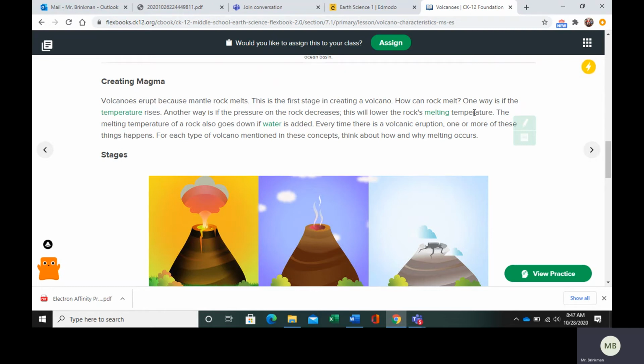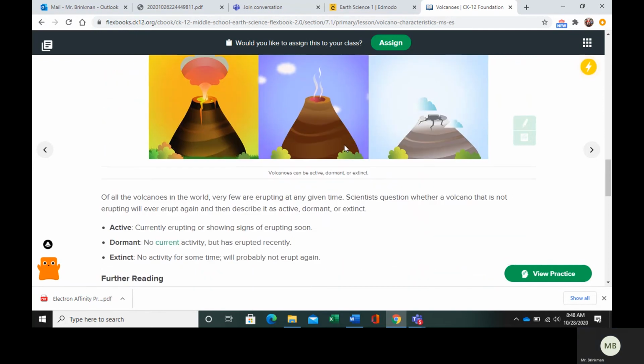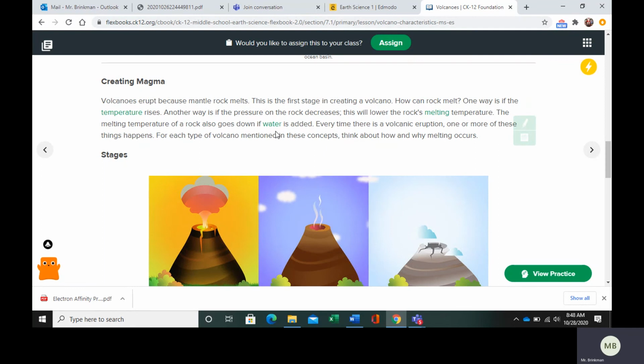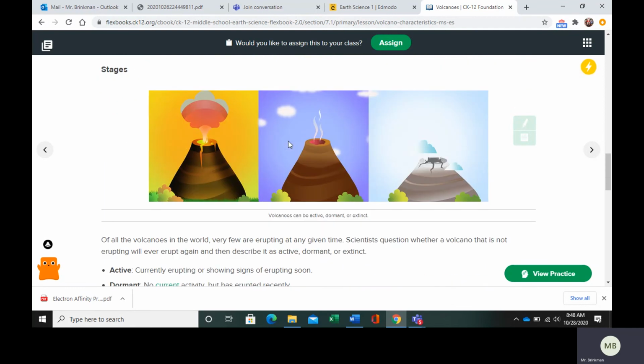Melting point is something we talk about a lot in chemistry, and when you change pressure, you change something's melting point. The melting temperature of a rock can also go down if water is added. So yeah, a lot of things can change the material's melting point.